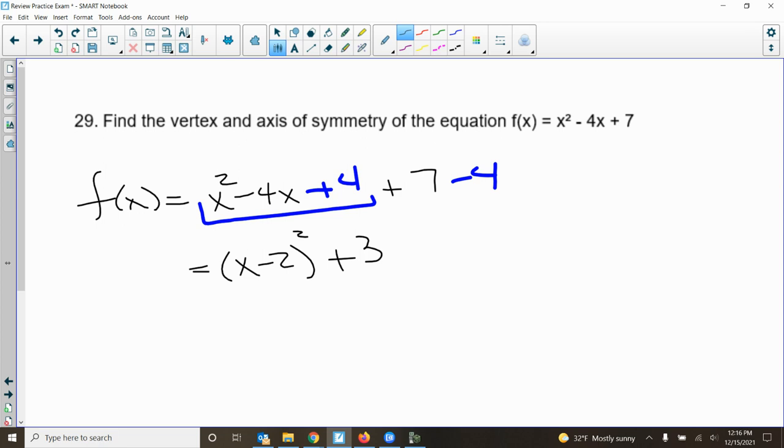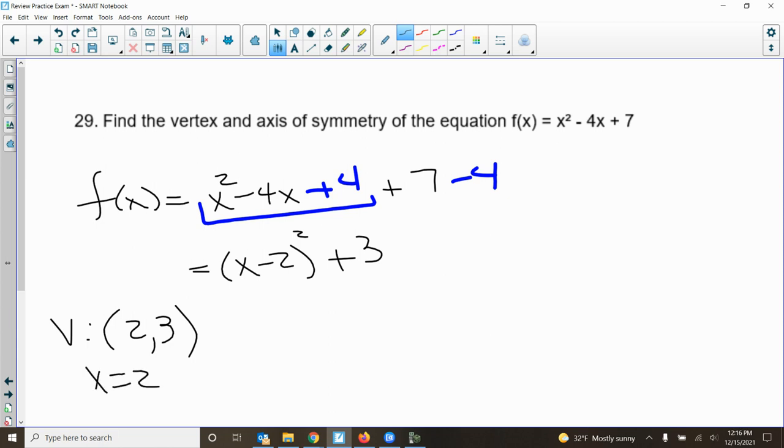So what's my vertex? Be careful here. What makes x minus 2 zero? +2. And what's my y? It's +3, right? The x part, you flip-flop the sign, but the y part, you don't. Remember that? So the vertex is 2, 3, and the axis of symmetry is always x equals this constant.